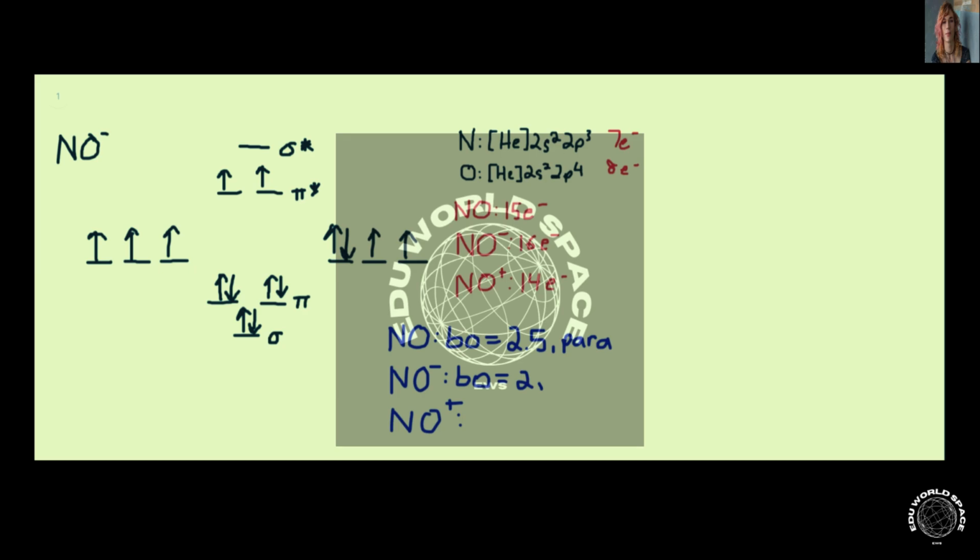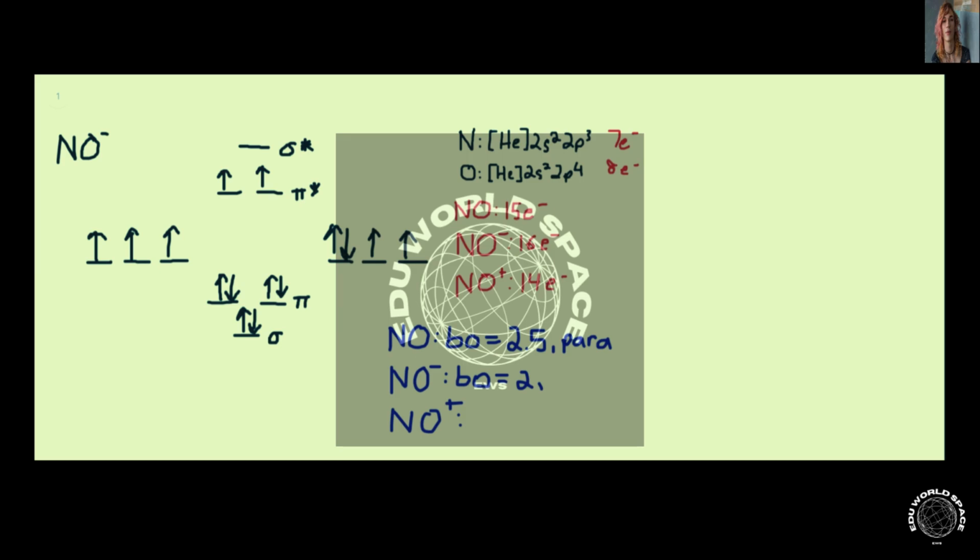And we can see the magnetic properties based on the number of unpaired electrons that we have.